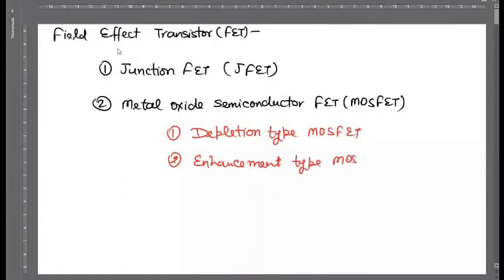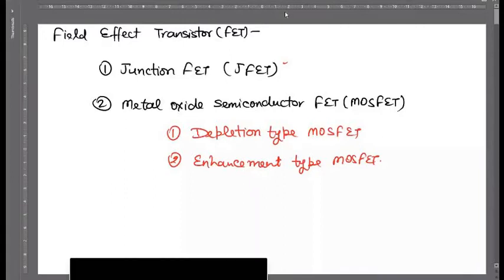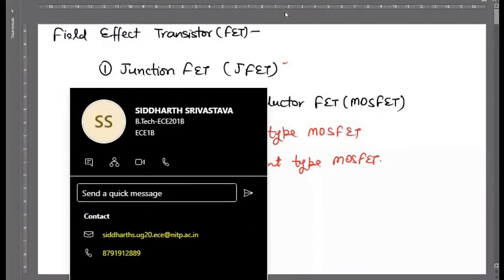Fine. So we'll finish this syllabus and we'll study the operation and characteristics of all three devices, and after that we'll move towards biasing and related small signal parameters. I hope that within this week we will try to finish this unit.